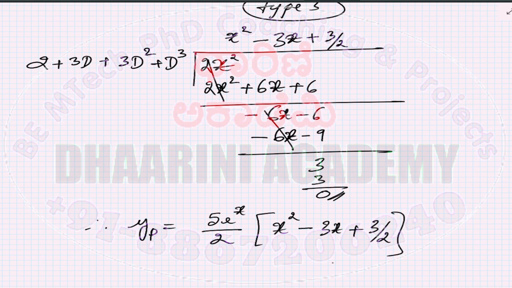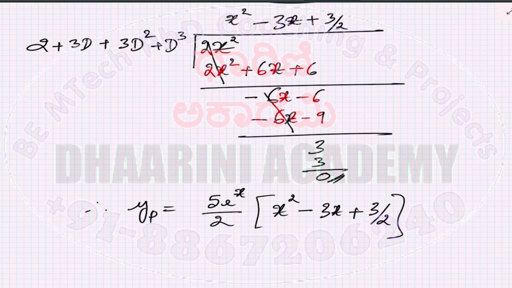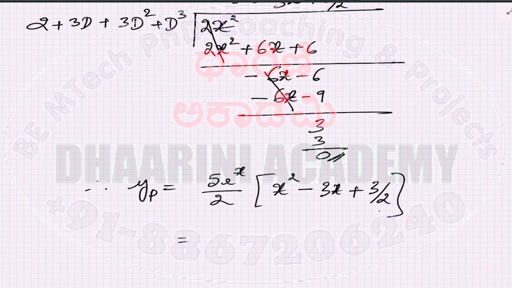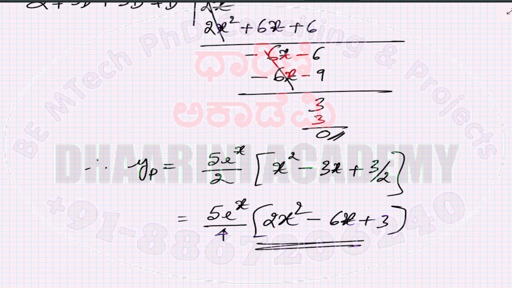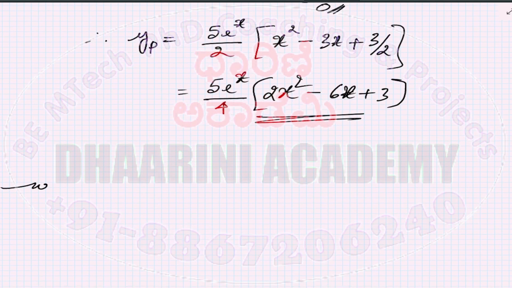We'll make it more simple by taking a 2 outside from the bracket. So this becomes 5 into e to the x divided by 4, the 2 gets multiplied to the first term and the second term. So this is 2x square minus 6x plus 3. That is the yp now.